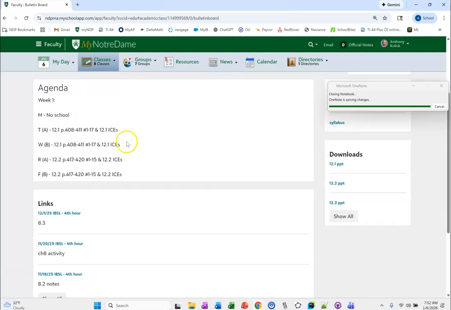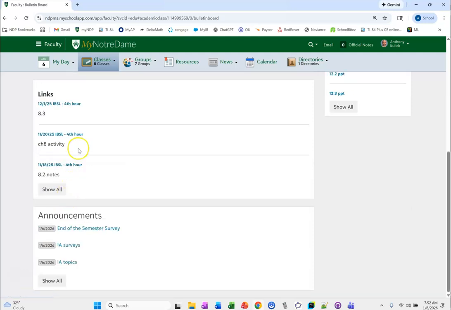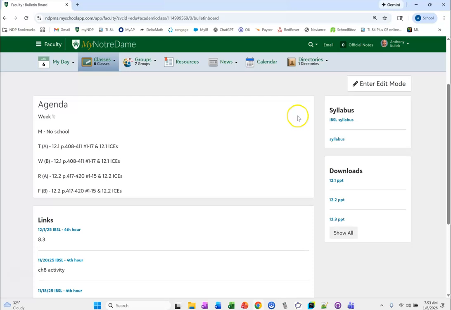Setup will be the same as last semester. Everything that we're going to be doing goes into the notebook. I ported over all the links from last semester, as well as all the announcements and the syllabus and everything.